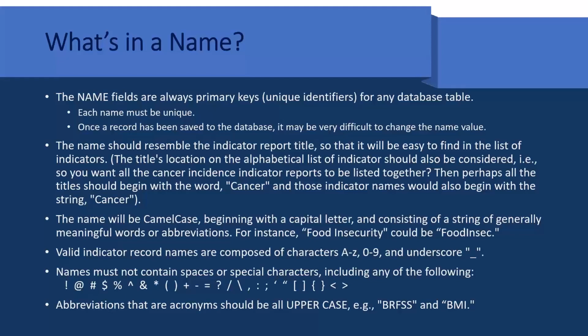Typically, I try to group things so that the first part of the name groups it with other similar things. So if it's cancer, I wouldn't have incidence of cancer, INCID CA. I'd have cancer, INCID, and then it would be grouped with the other cancer indicators.